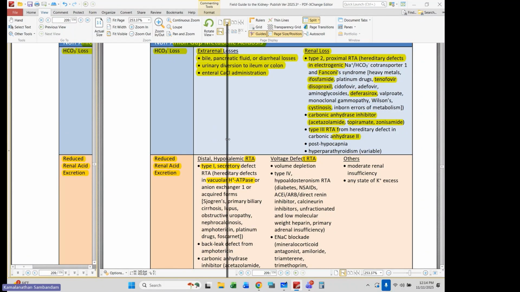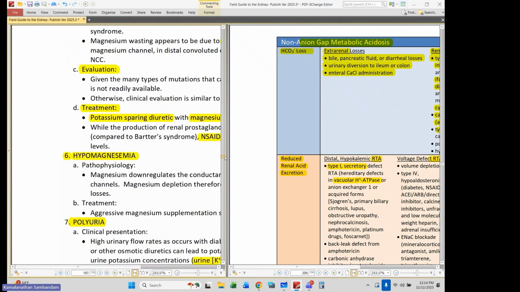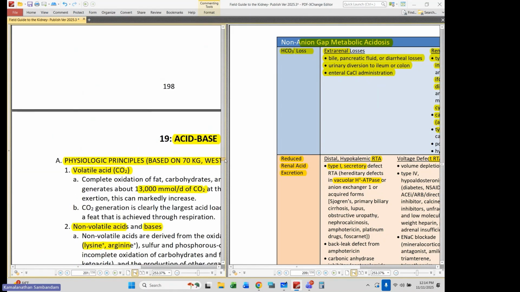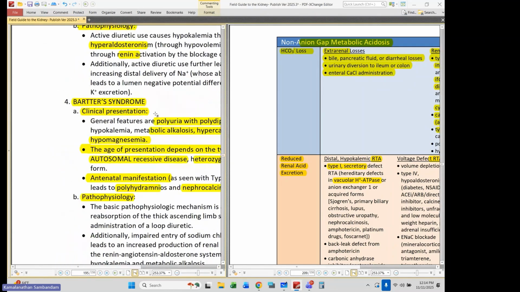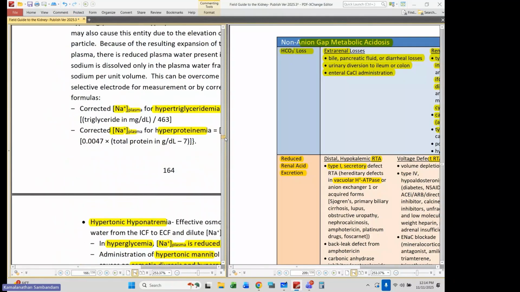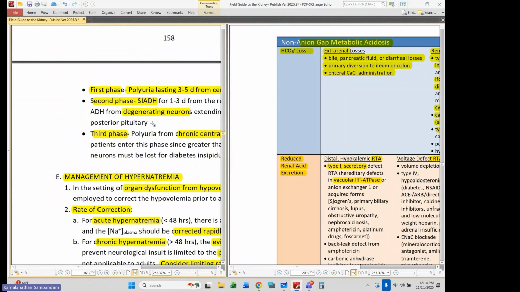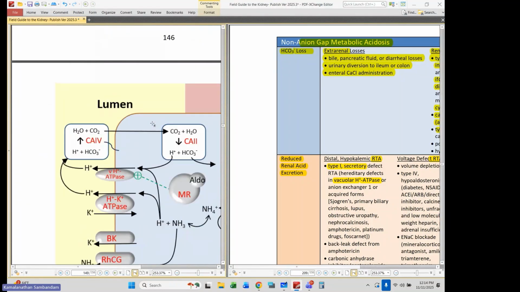Right, so that's an apical membrane transport defect, but you can see that there are certain basolateral transport defects, an anion exchange transporter that can also be a root cause for a distal secretory RTA. Okay, so let's highlight those transporters so we get the visual.